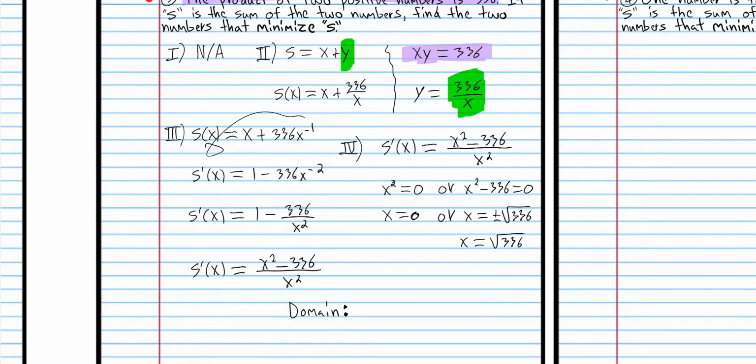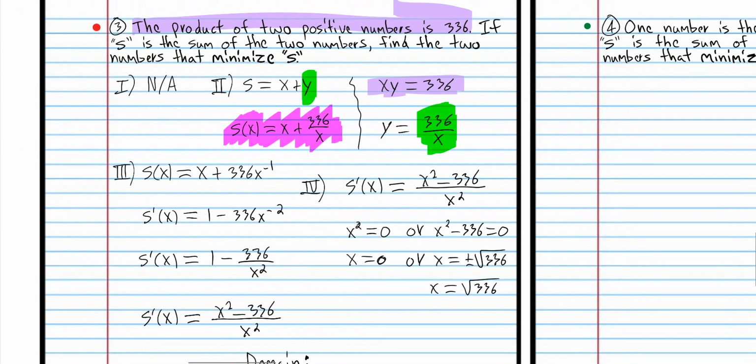We have a function in terms of x. What is the smallest value of x? Well, x cannot be 0 because if you plug in 0 here, you get an undefined expression. So why can't it be 0? Well, remember it told us the product of the two numbers is 336.